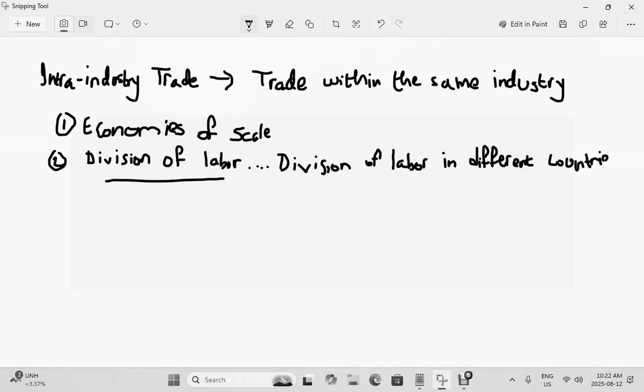So basically, your supply chain is broken down into different stages. And with these stages in mind, you have different stages in different countries.